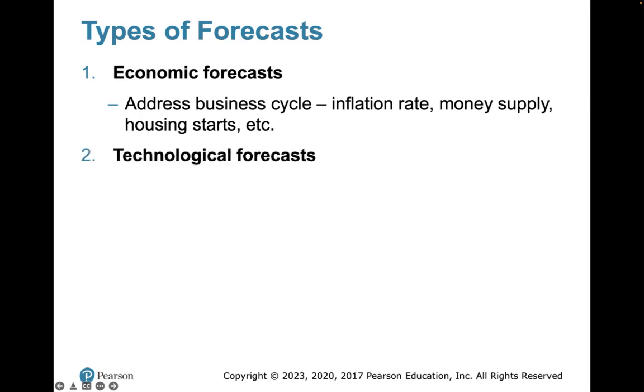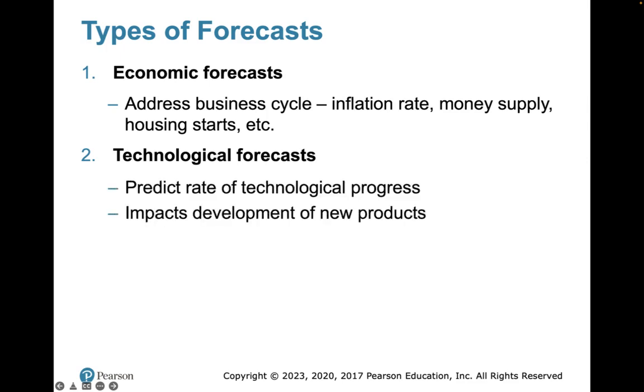We also have technological forecasts. This, of course, is going to predict the type of technology being used. This can affect whether or not we should be selling the same types of products. We might want to update our products. In hospitality, this could also mean what type of technology we have in our hotel rooms. What are we offering?